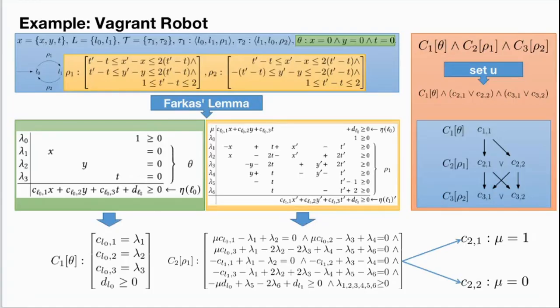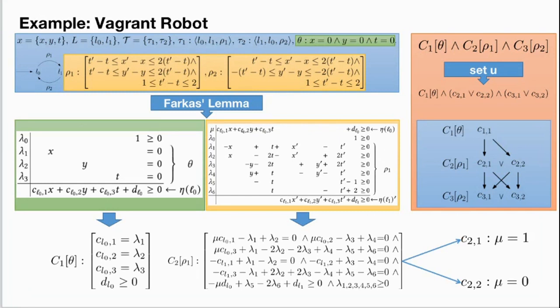Consider a scenario of a Vagrant robot. The control of the robot works in two alternating modes modeled as two locations L sub 0 and L sub 1. Each mode takes a time between 1 and 2 seconds. The standard approach first establishes a template eta L sub 0 and eta L sub 1.